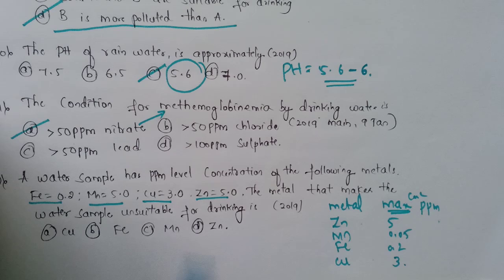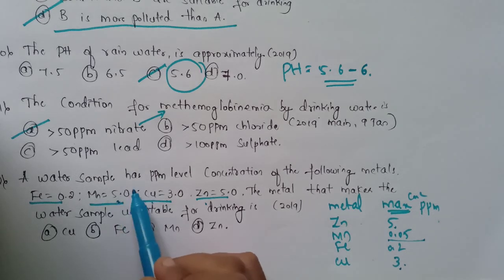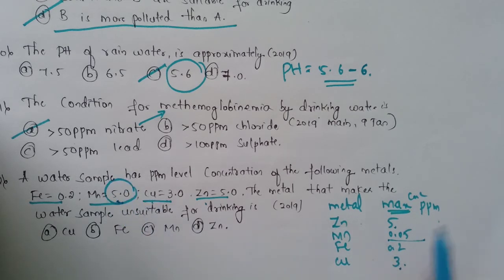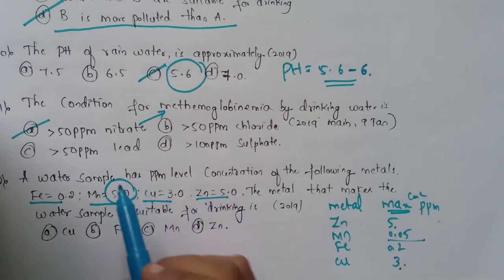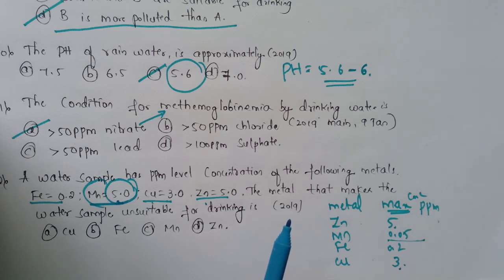So here Fe is 0.2, Mn is 5.0 whereas the limit is 0.05, Cu is 3 which is also correct, and zinc is 5 which is also correct. But if you see manganese, it is 5.0, whereas the recommended level is 0.05. So the water sample which is unsuitable for drinking is the manganese sample, as it is more than the level recommended by the EEC.